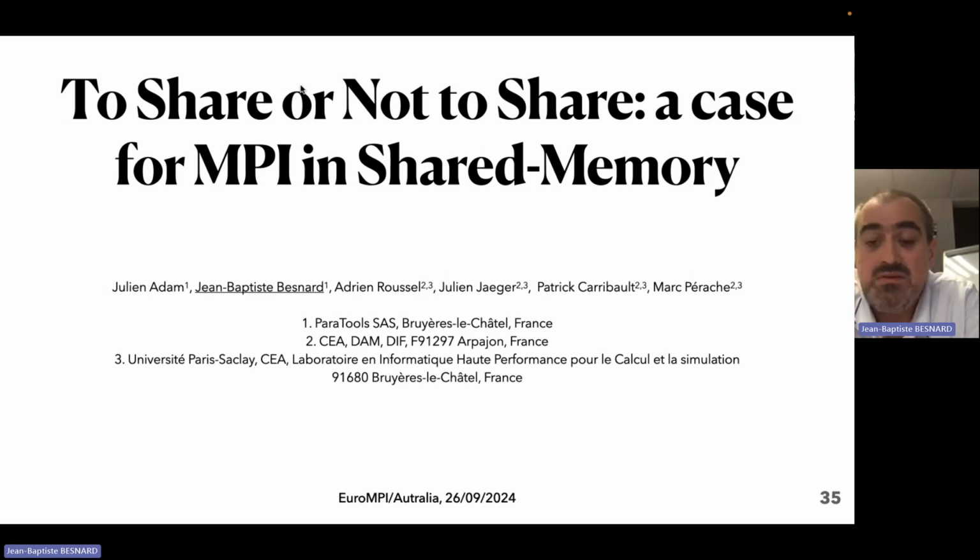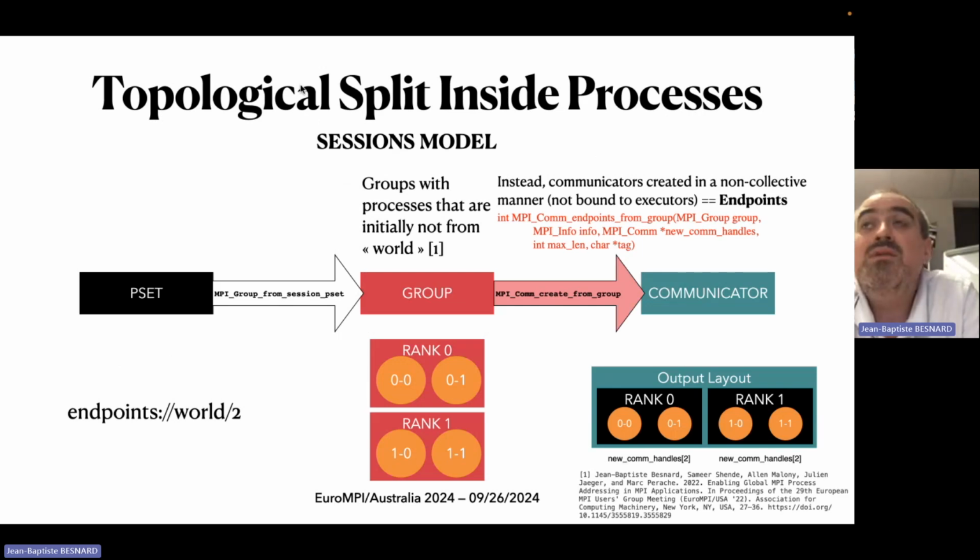Of course, you put the point on one of the aspects: yes, you will get a communicator object, and more than this, the communicator will not be bound to an executor, because the executor is what has the CPU set or the locality, which is important. You're right. If you spawn in a thread, you have the CPU set of the thread; if you spawn in a process, you have the CPU set of the process. If you spawn on a GPU, you will have the locality in the GPU.